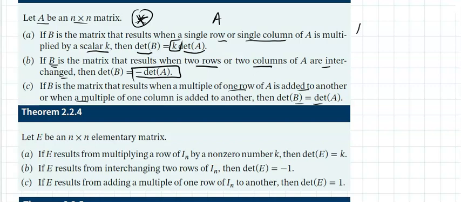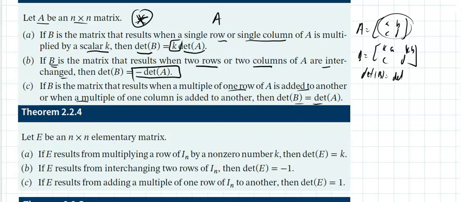So if I have matrix A, which is a, b, c, d, I'm going for 2 by 2 because it's simple. If I multiply a row by k, I get ka, kb, c, d. If I call this B, the determinant of B will be whatever the determinant of A is, multiplied by k. That's all there is to it.